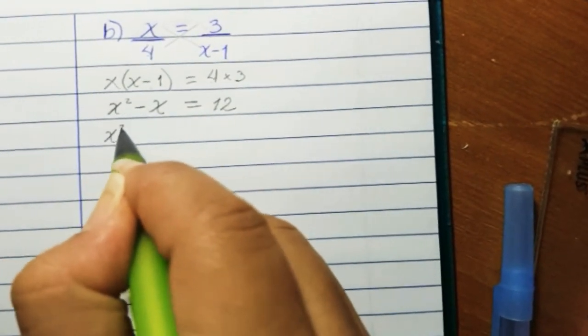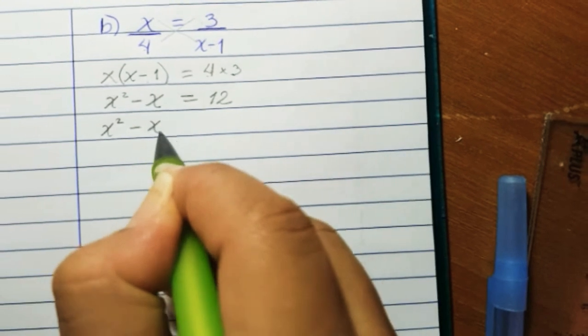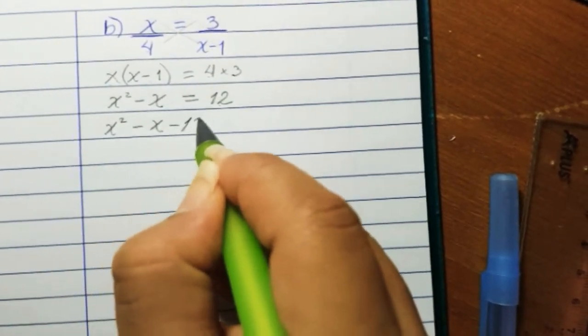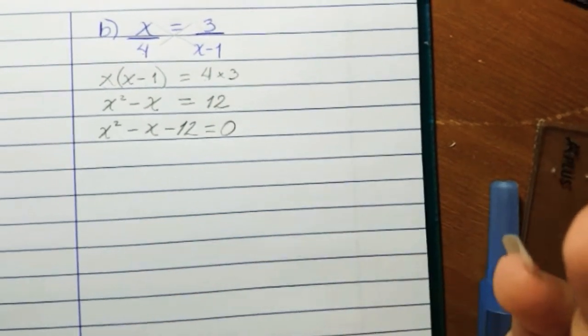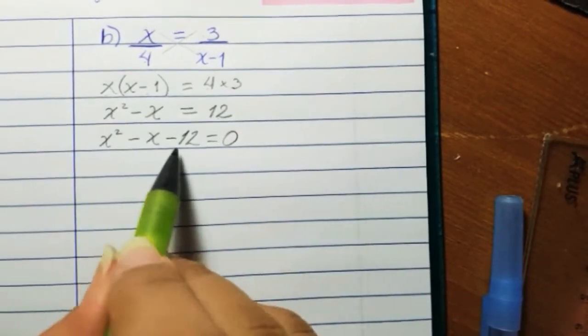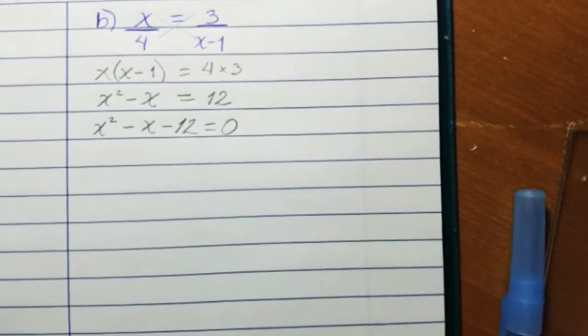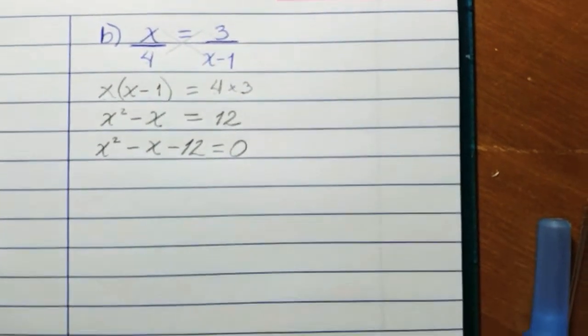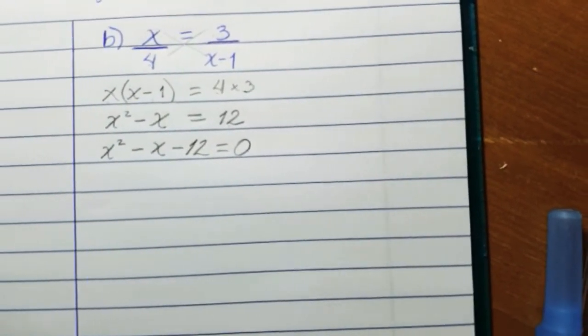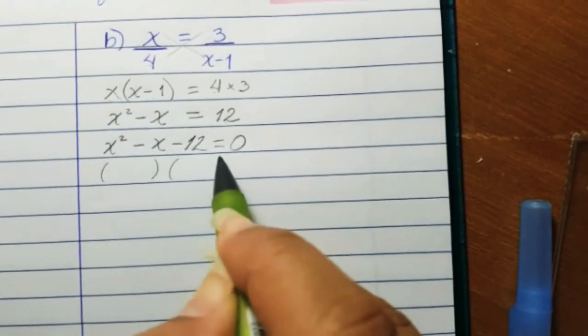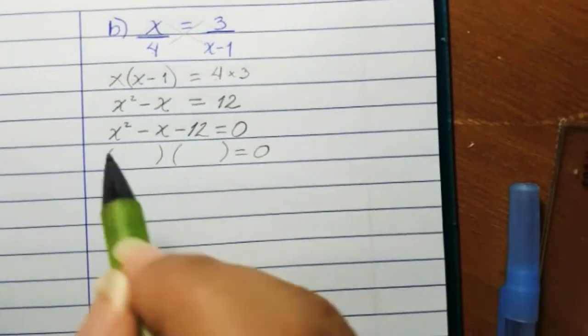So x to the second power minus x minus 12 equals 0. The method we used in the previous lesson was factoring. So in order to find the value of the variable, I'm going to factor the polynomial. I'm going to open up two parentheses, equal to 0.